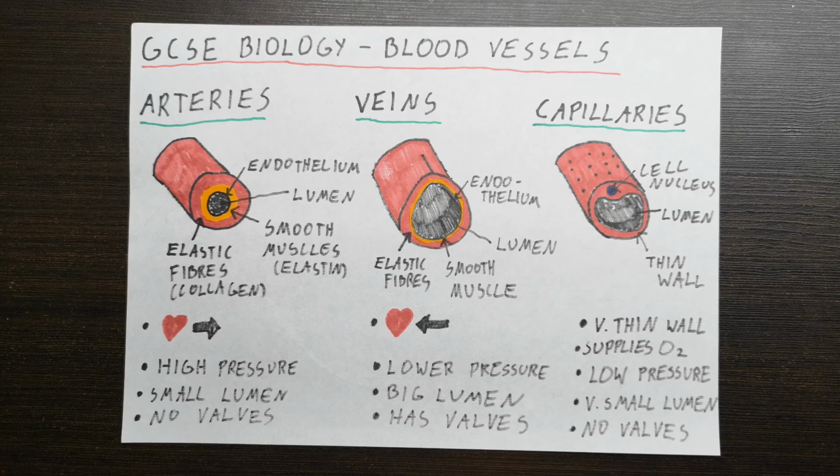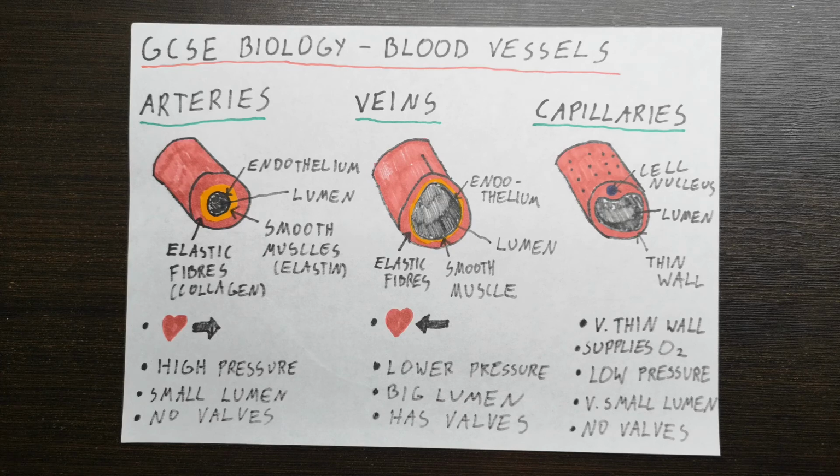So the small lumen is this sort of adaptation that helps us to keep high pressure in arteries, and that is very necessary because pressure is the way arteries control the direction of the blood flow. Because the pressure is so high, blood can flow only one way, and therefore arteries tend to have no valves. They don't need any valves to help them control blood flow.